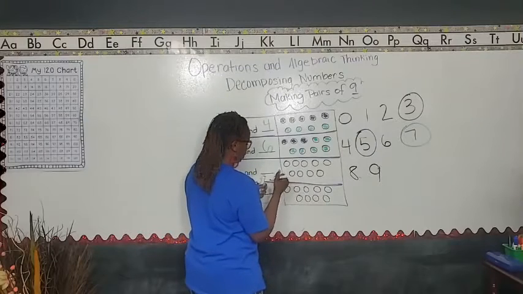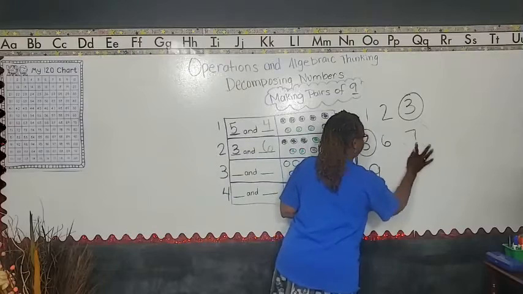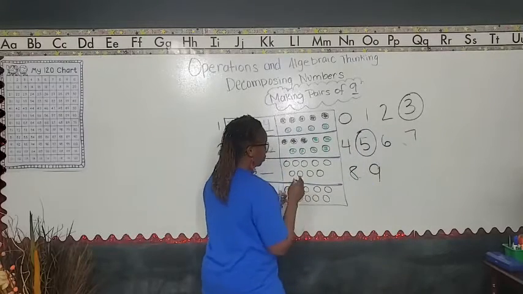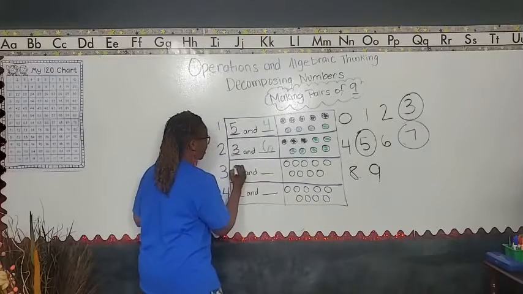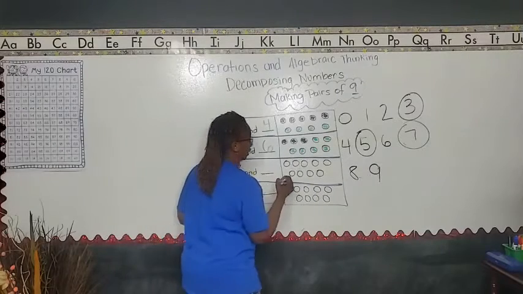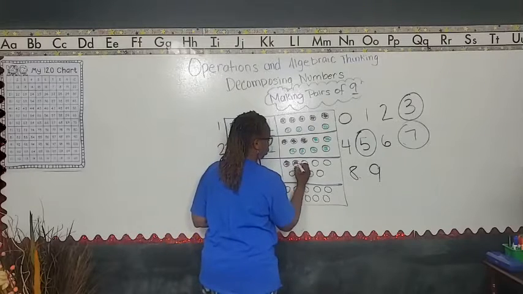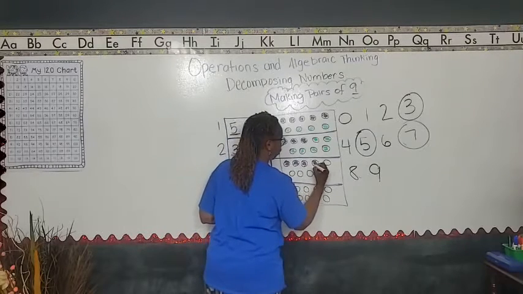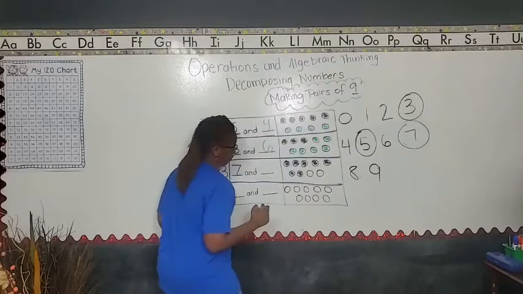So 7. So let me go ahead and circle. No, I'm going to go back. I'm going to be consistent. And I'm going to make this purple. All right. So here we go. 7. So I'm going to go ahead and shade in 7 circles. 1, 2, 3, 4, 5, 6, 7.